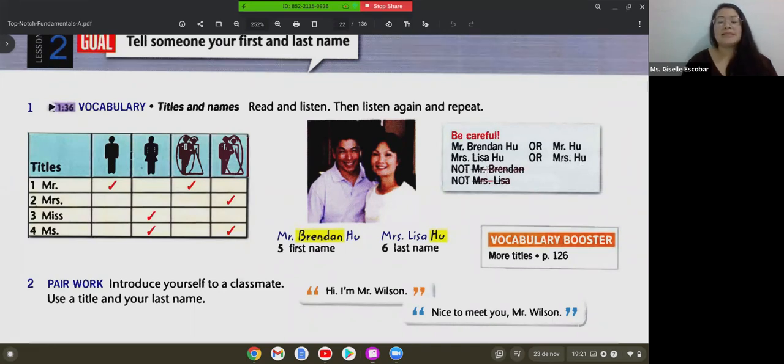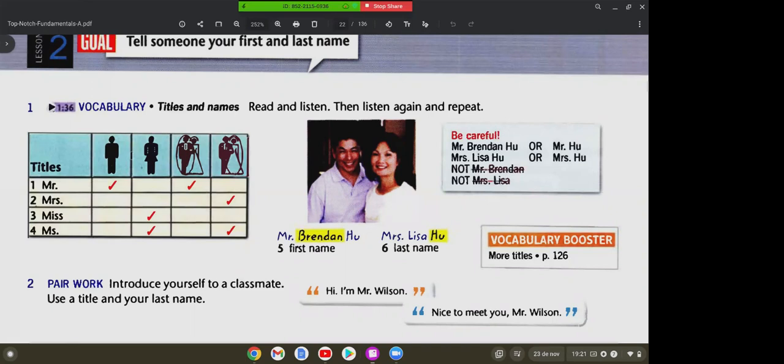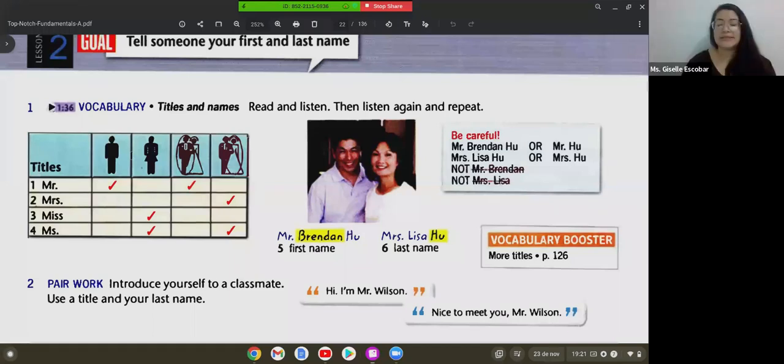Not Mr. Brendan, not Mr. Lisa. Entonces, ¿qué nos está tratando de decir este cuadrito? ¿O qué nos está tratando de advertir? Que tiene que ir con apellido. Apellido, correcto. Perfect. Va a ir con el apellido.